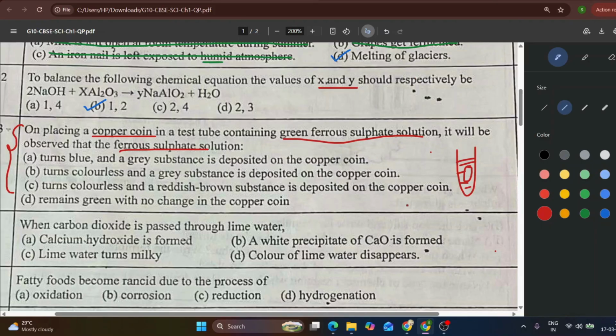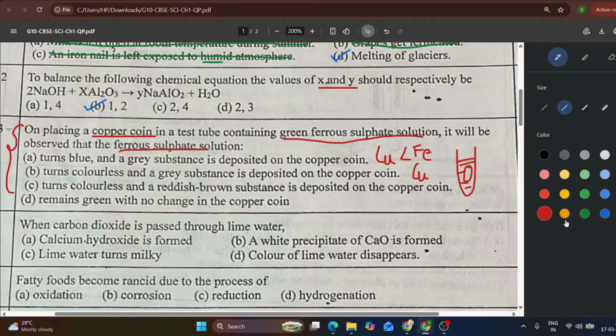When you refer to your reactivity series, you will find copper being below iron, so copper is less reactive than iron. Therefore, it will not displace iron.